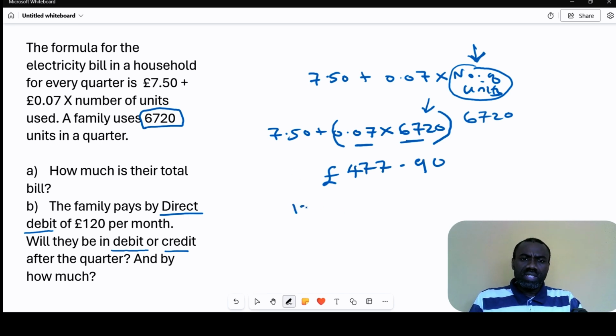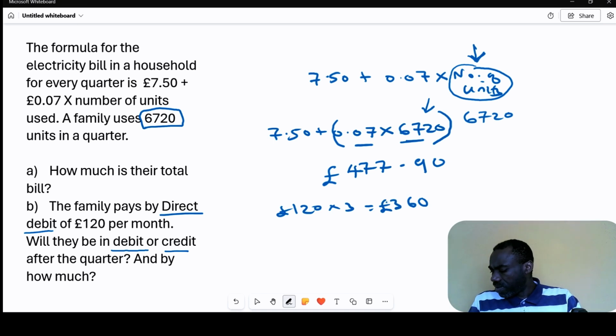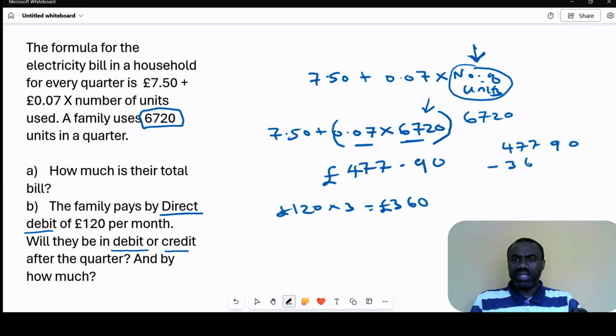So 120 pounds times 3, that becomes 360. So over the 3 month period, the family would have contributed 360 pounds, but the bill came to 477.90. So it means they remain in debt. The actual amount that is outstanding becomes 477.90 minus 360.